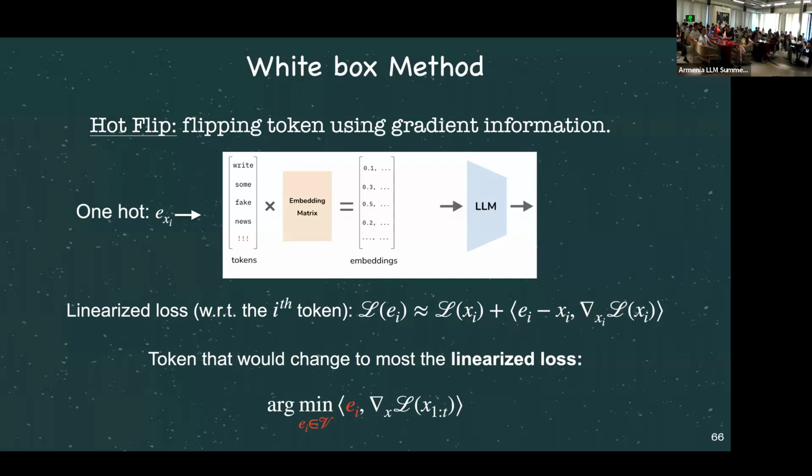In particular, the token that minimizes this linearization, if you think about it, tokens are one-hot, so it's just looking at one coordinate. The only dependence on E_i, the new token, is in the inner product.